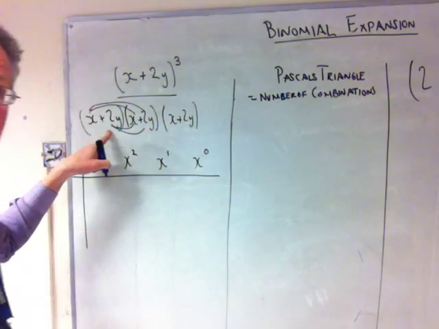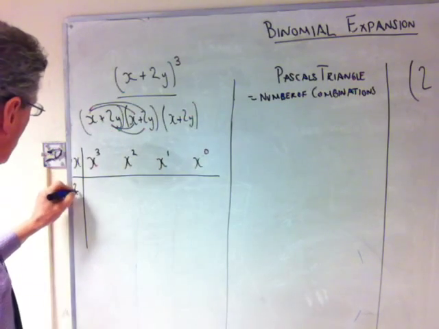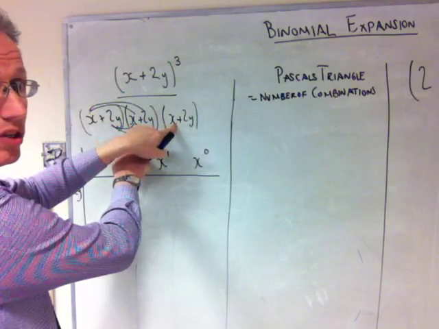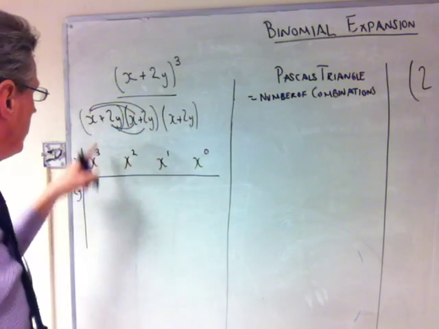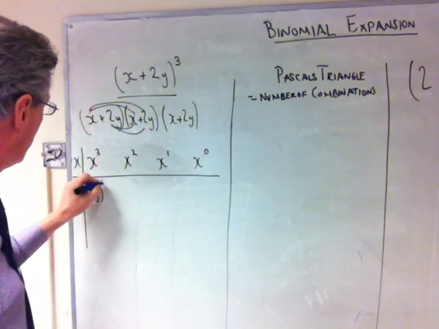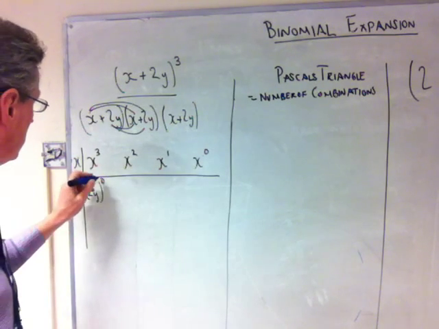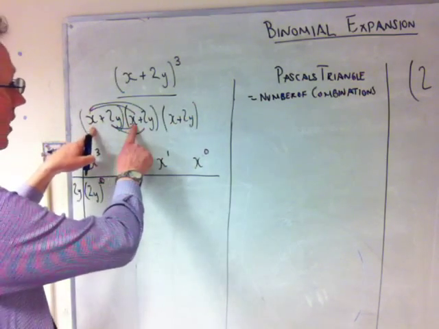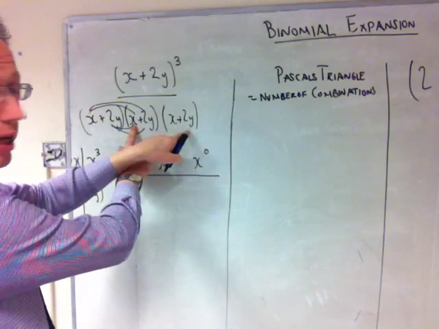Okay, we've then got our 2y term. Now, if we do x times x times x, which is x to the power 3, there's no 2y in that, so that would be 2y to the 0. When we've then got two x's, we have 2y to the 1.